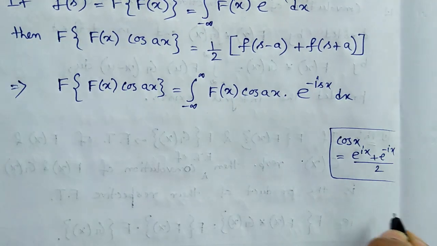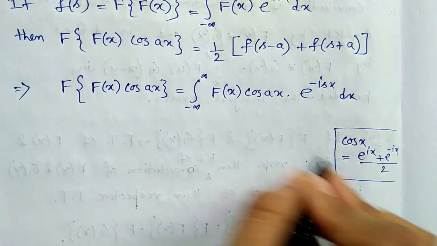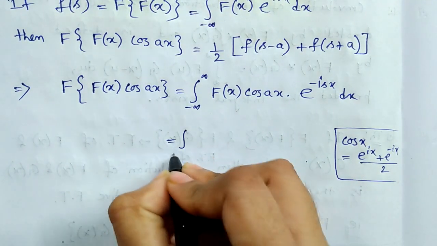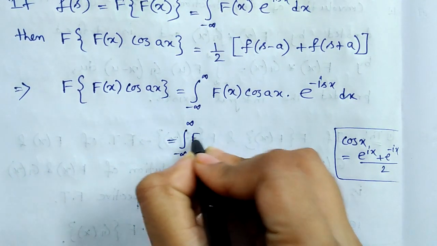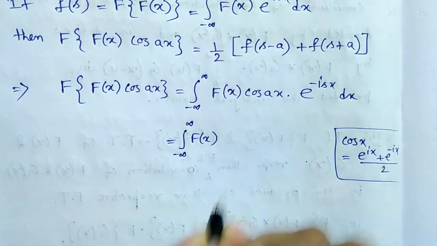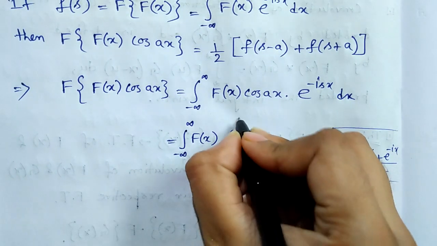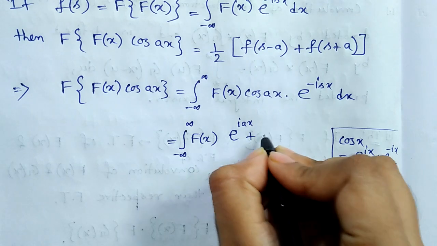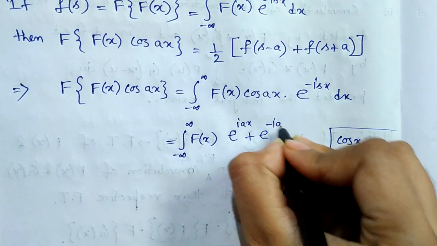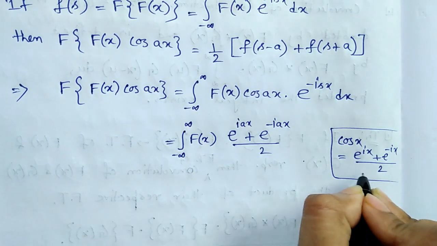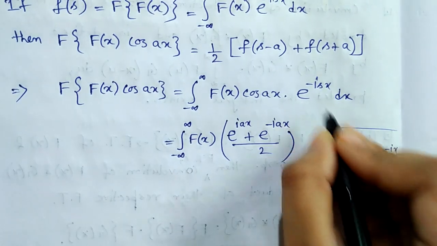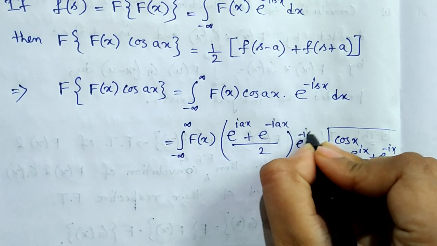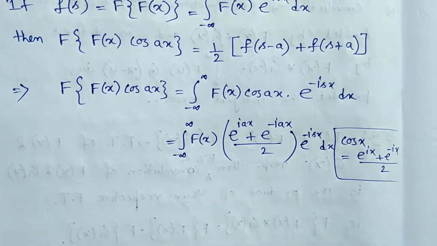This is our known result. So using this we can write integration minus infinity to infinity f(x) times e to the power iax plus e to the power minus iax by 2, then e to the power minus isx dx.